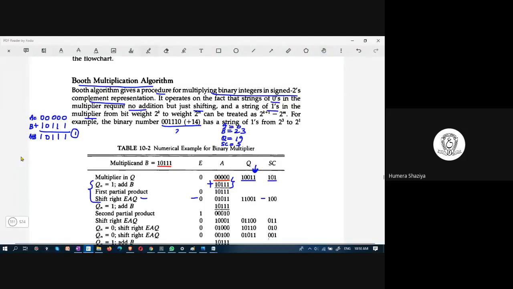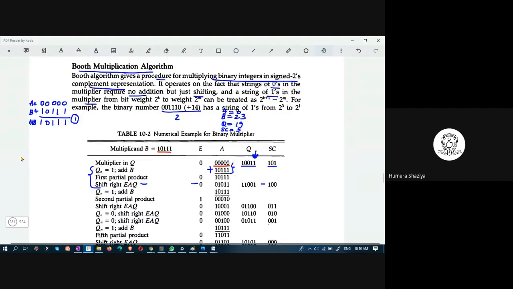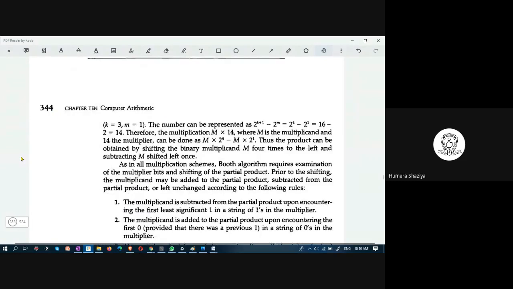This is 2 to the power of 1, 2 power 2, 2 power 3. From 3 to 1, there are ones. All other positions have a value of 0.